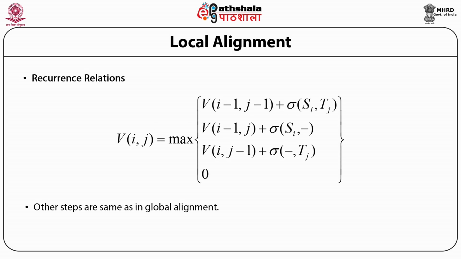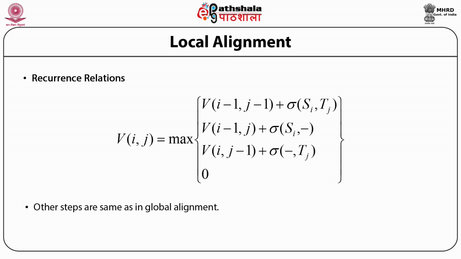The recurrence relations, as we have seen for global alignment, are exactly the same as before, excepting with the addition of a 0 out there. So you are taking the maximum of not only the 3 directions as you are moving and using the 3 equations, but if they are negative, you are putting a 0 there. What is the net result?